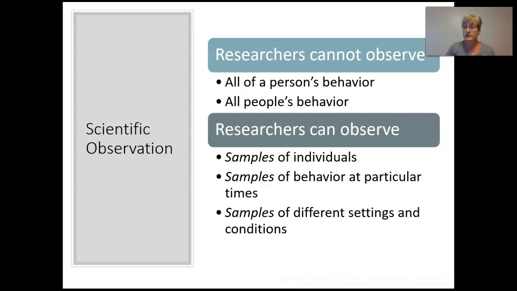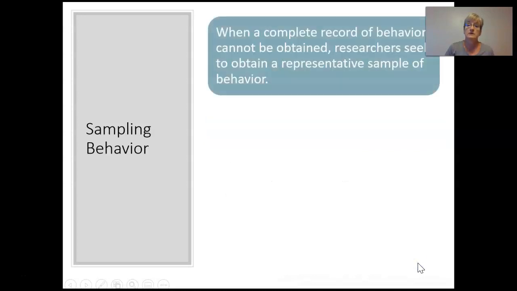Then we sample their actions, their behaviors, their cognitions, their emotions at specifically defined times or in specific contexts. So we have to remember what we are capable of doing and what we're not capable of doing as observers. When we sample, we acknowledge the fact that we can't get a complete record of behavior.